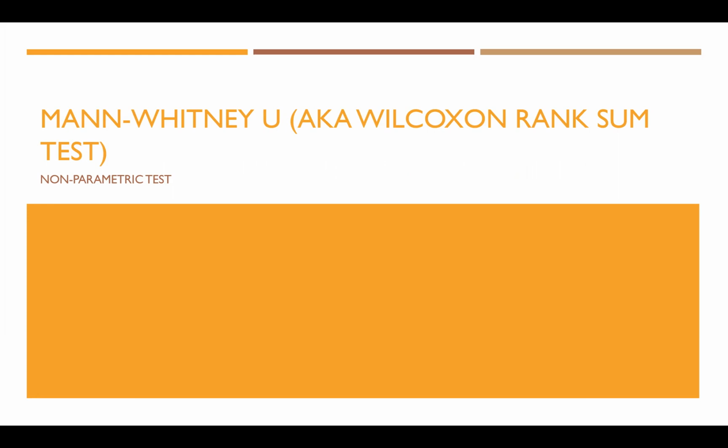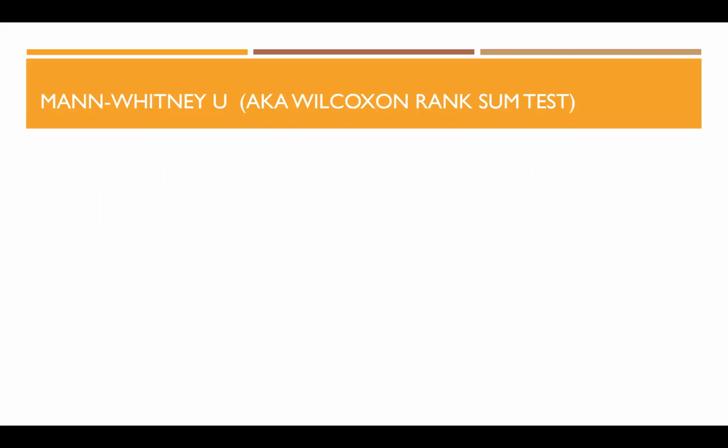So I want to talk about it for just a minute. This will be new information, but it is the comparable non-parametric test. So Mann-Whitney U, which is sometimes called the Wilcoxon rank sum test, allows us to compare the medians, not the means, of two independent groups.